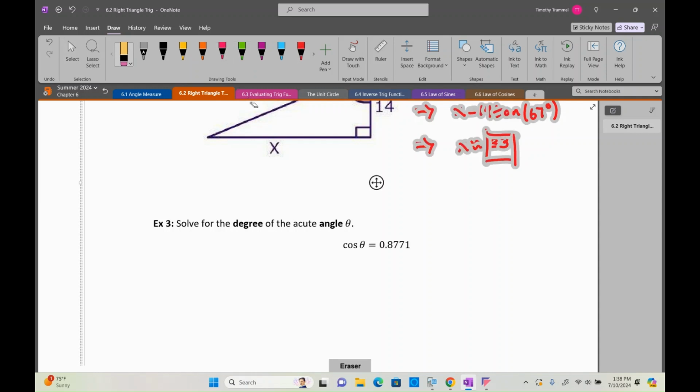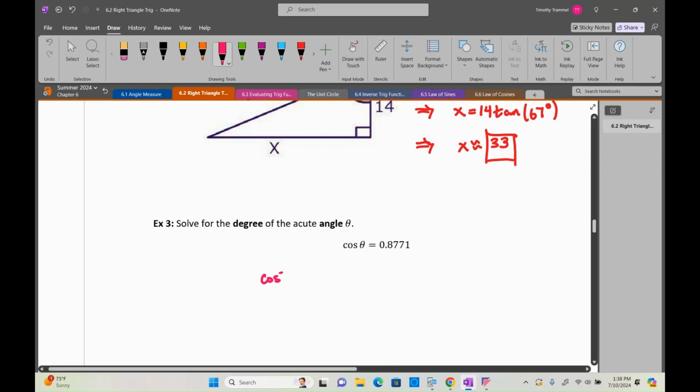You could actually solve this equation for theta by taking cosine inverse of each side. And so when you take cosine inverse of cosine theta, those two things undo each other.